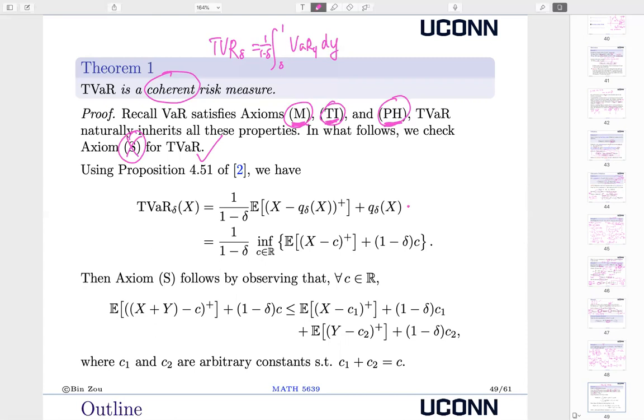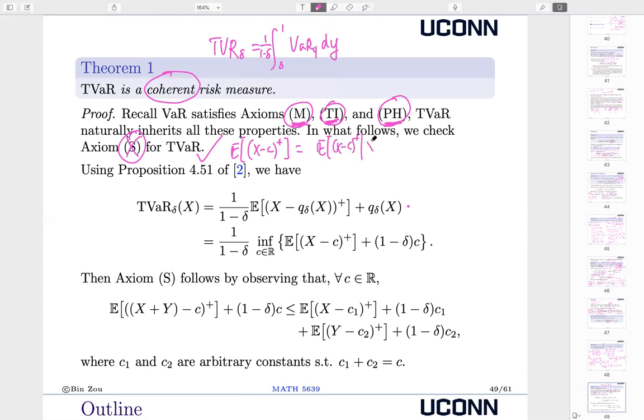It's actually very easy to prove. All you need to apply is the tower rule. Let's say you want to calculate this unconditional expectation. You can put a condition on it. So what do I condition on?